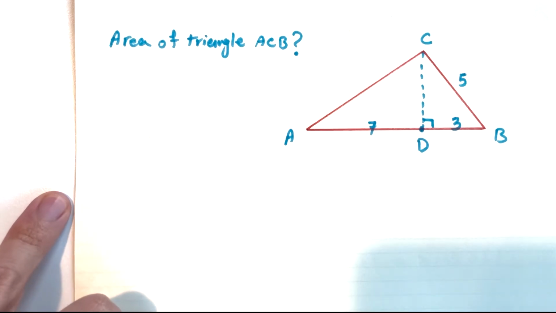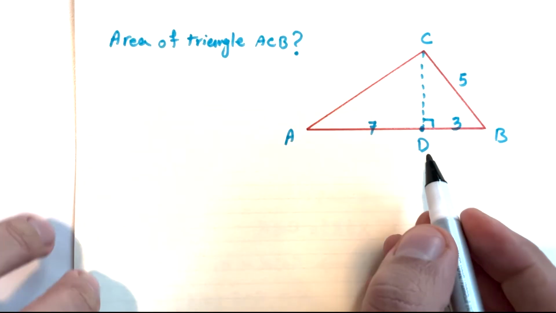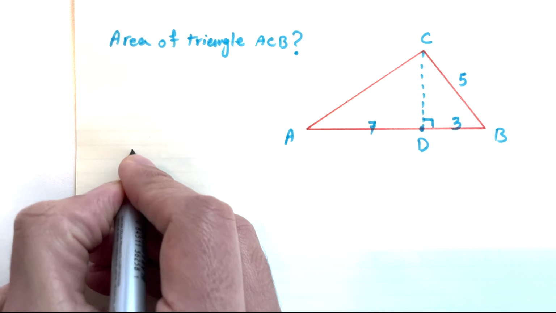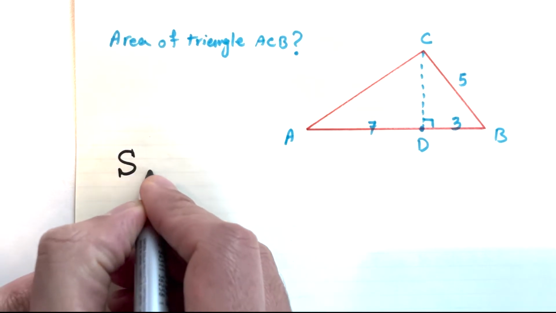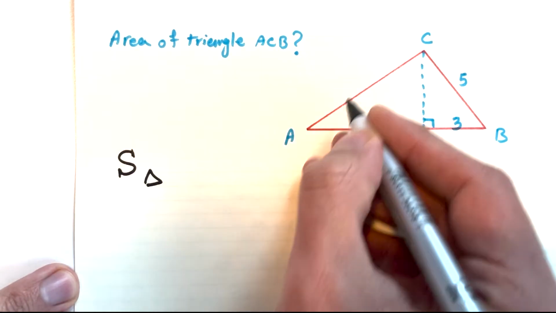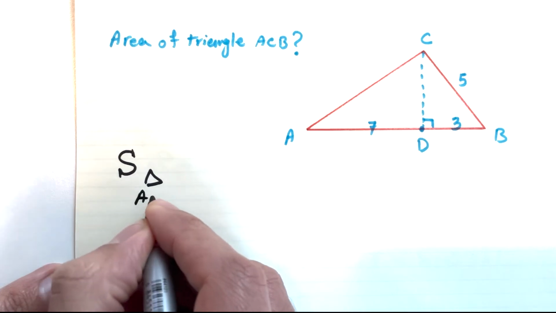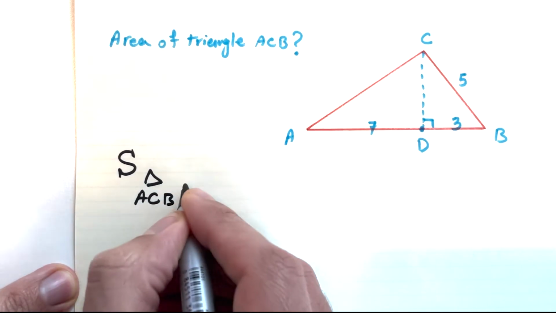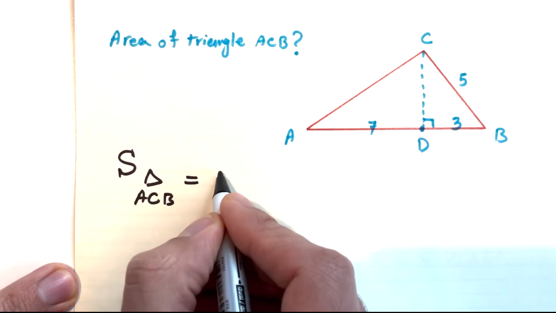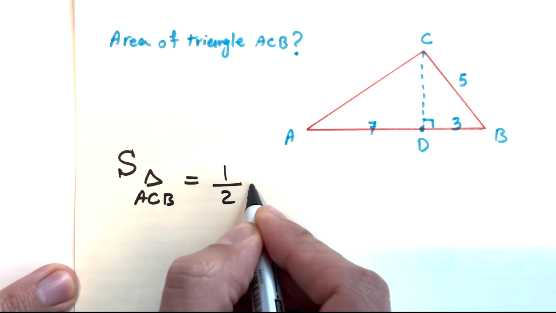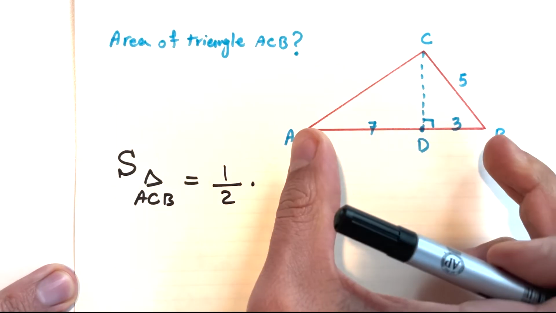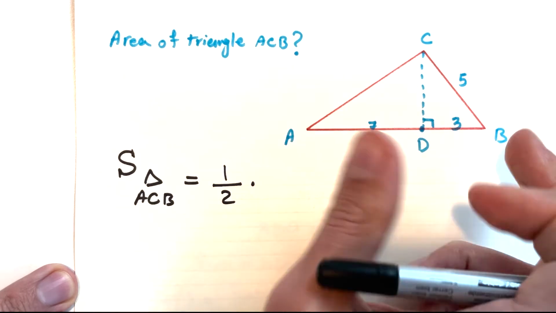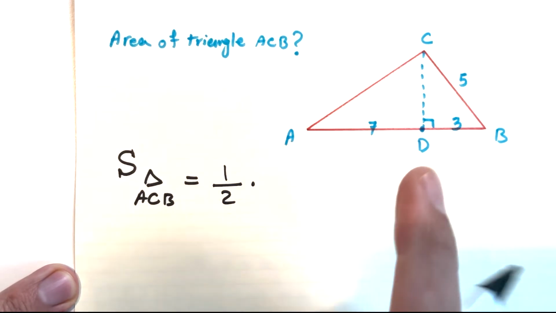First of all, we know that the area of this triangle, if I call it S, the area of triangle ACB will be 1/2 times the base, which is 7 plus 3.